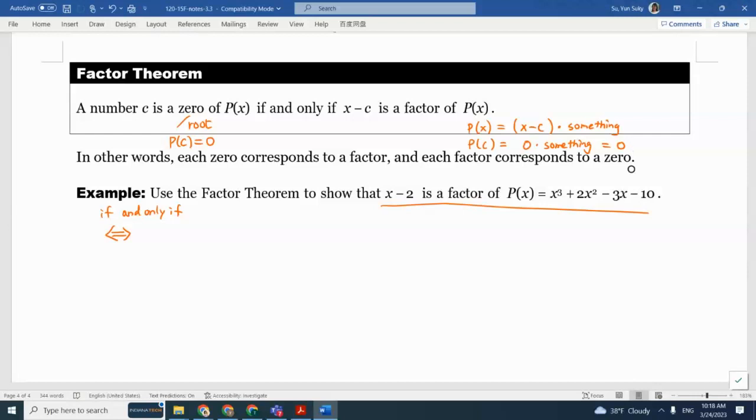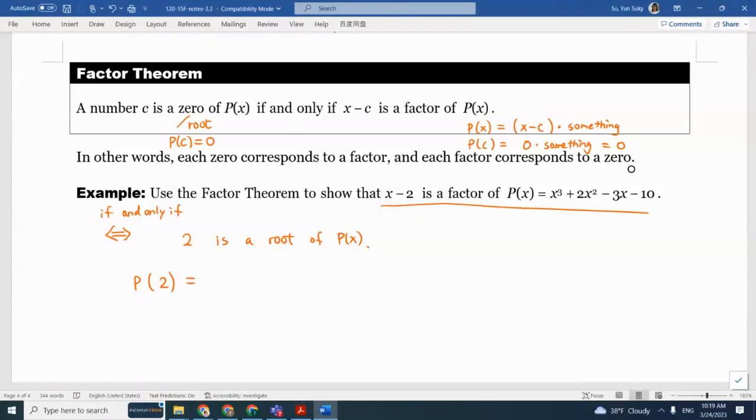What is the root? Is it minus 2 or 2? 2. Very good. Change the sign. If and only if 2 is a root of P of X, that means you want to plug in P of 2 and you want to get 0.